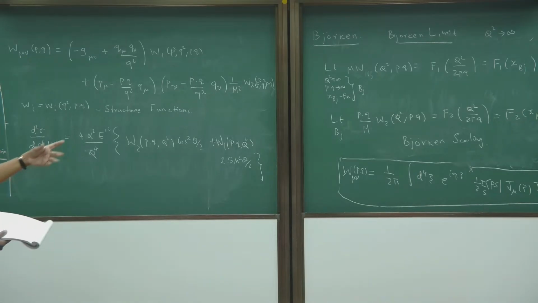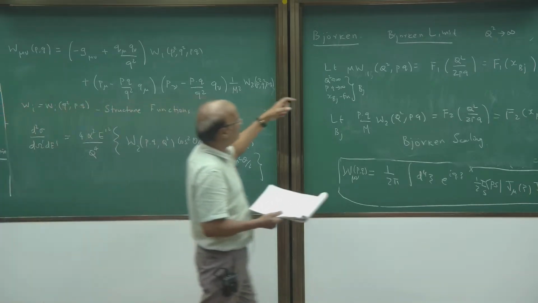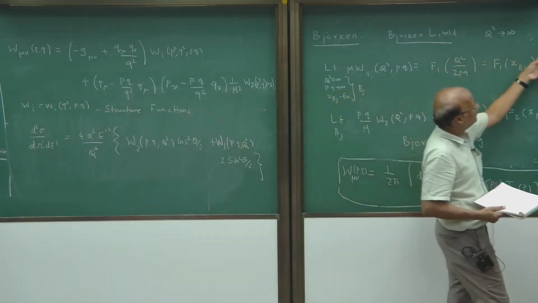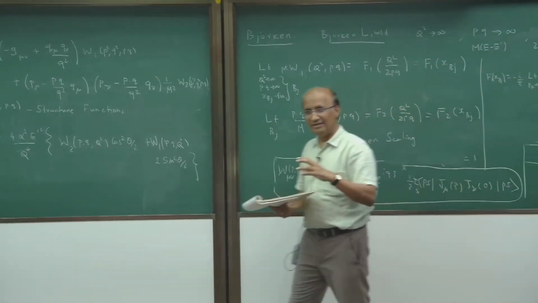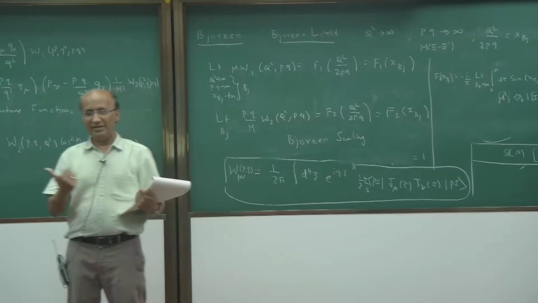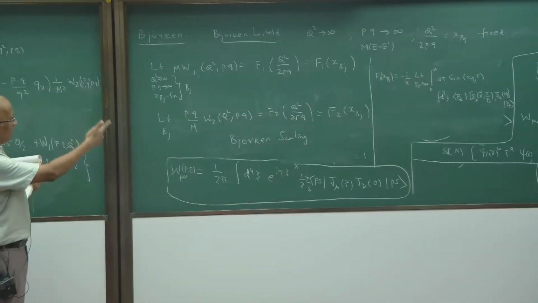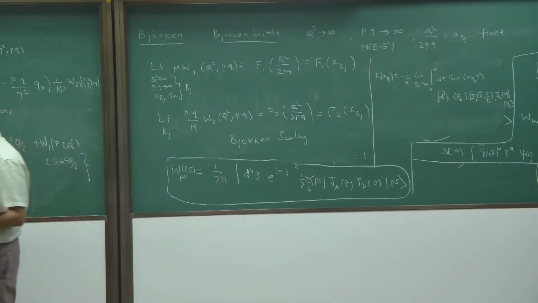Okay, and then people did this experiment at SLAC in the 70s, and took this limit, keeping x_Bj fixed, and tried to see whether your W1 and W2, or this F1 and F2, extracted from this formula from the data, depended on anything.